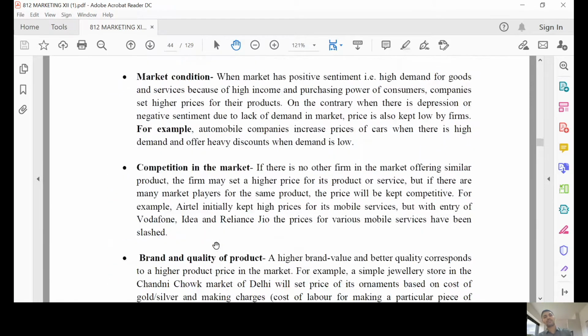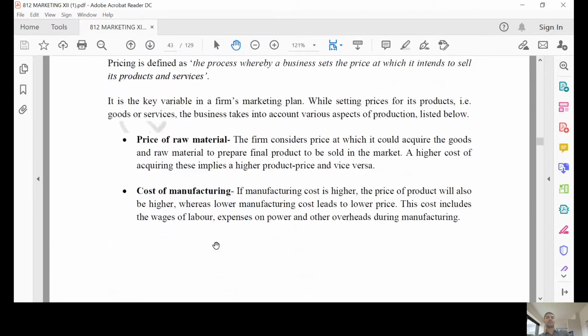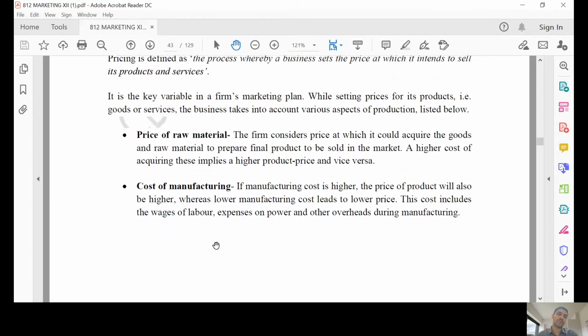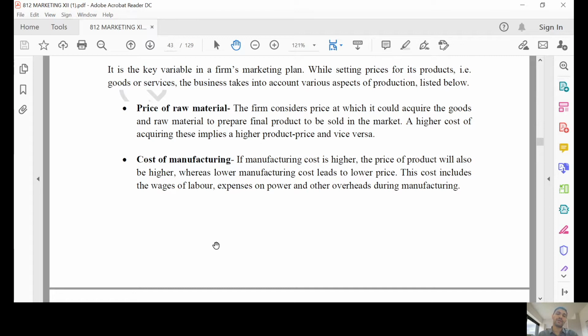So you can see here, the price of the raw material. The example is Nirma. Nirma gets the raw material at a cheaper price. That is why the price of Nirma is also lesser. Cost of manufacturing. Large scale organizations are using heavy machinery that helps them reduce the cost of manufacturing, so the price of the product also can be reduced.